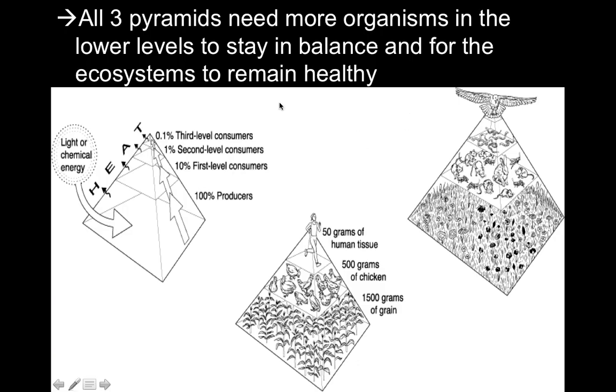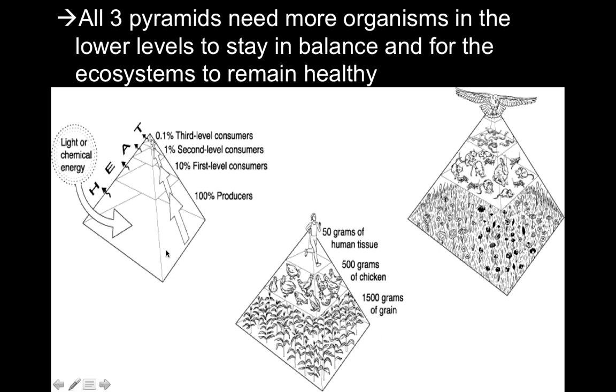And so typically, except for the numbers pyramid, which can be a little different, all three pyramids need more organisms in the lower levels to stay in balance and for the ecosystems to remain healthy. And this is another reason. If we see, they're all relying on the producers, the plants or algae. None of these are ocean or water, but we could put an ocean or water one and have it be algae on the bottom, in which case there's going to be a lot because algae is really small, typically.